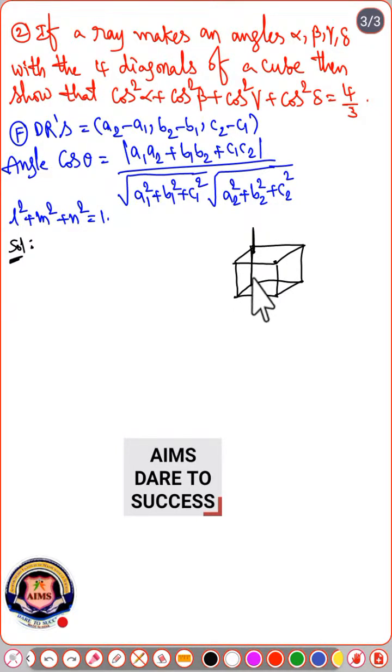After that, produce the sides. We are getting the x-axis, y-axis and z-axis. This is x, y, z. This is the origin O, origin 0.